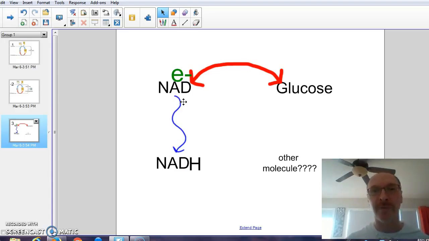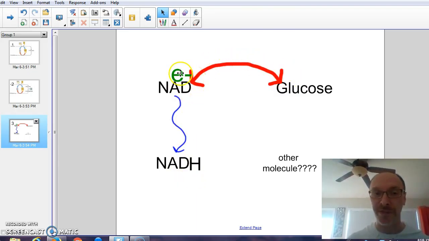And ethanol fermentation, lactic acid fermentation are ways in which that happens. And it's all about taking that NADH that's made in glycolysis and turning it back into NAD so that NAD can continue to accept electrons from glucose molecules in glycolysis.